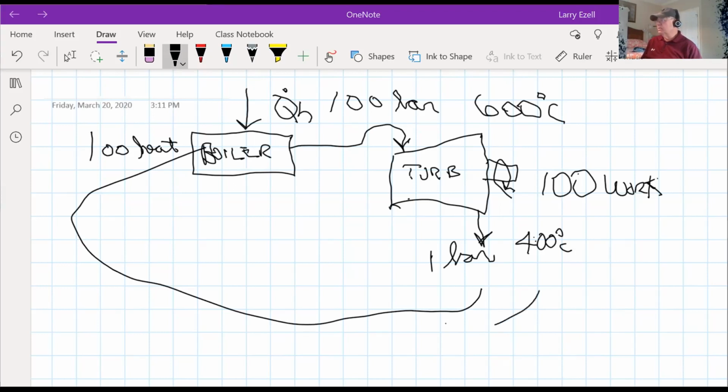Well, the second law is certainly going to tell you you're not going to get out 100. In fact, in a real generating plant with a big steam turbine, you're probably only going to get about 35.